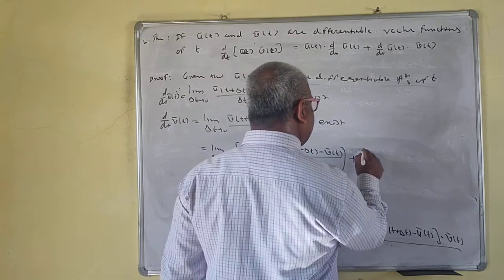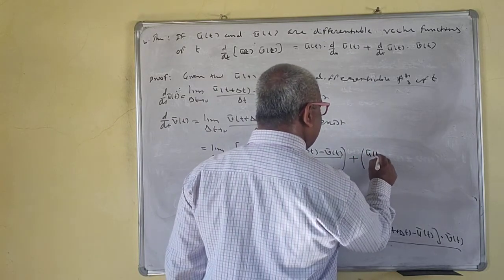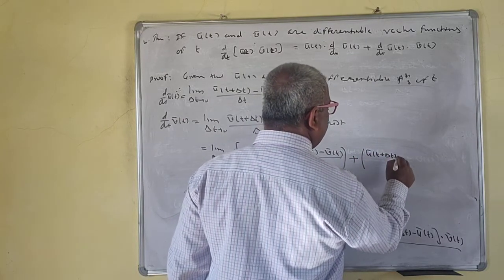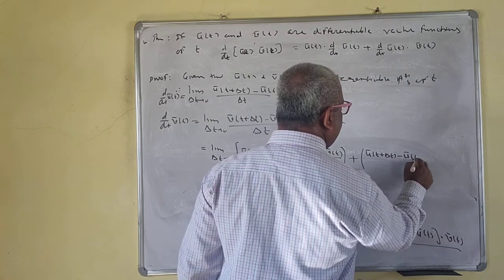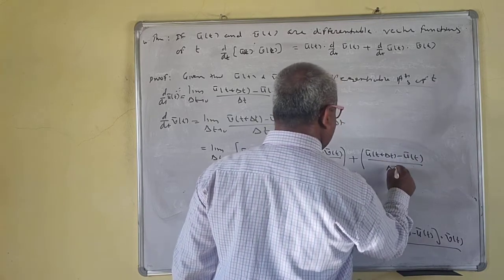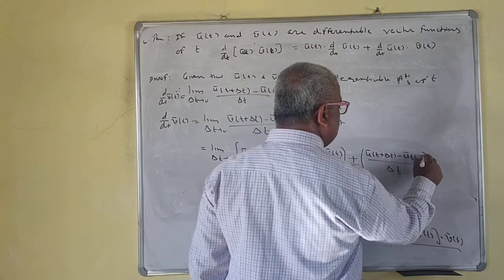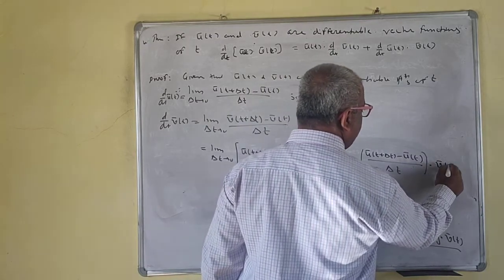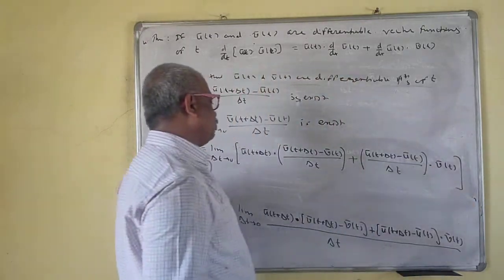Plus another bracket, u bar of t plus delta t minus u bar of t upon delta t, dot, this dot is very important, v bar of t only.